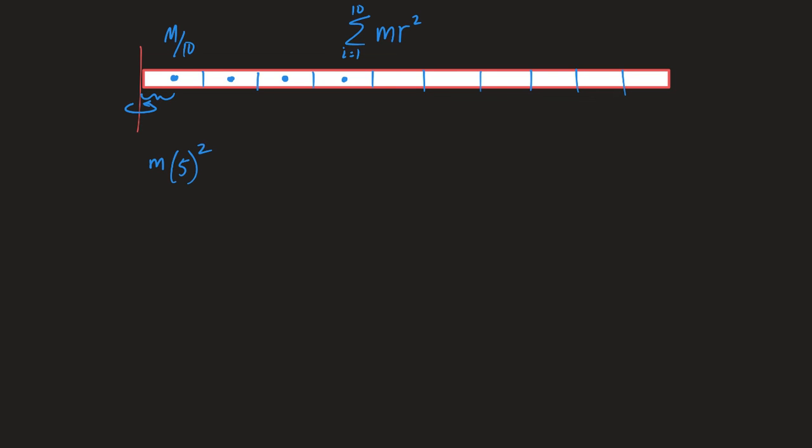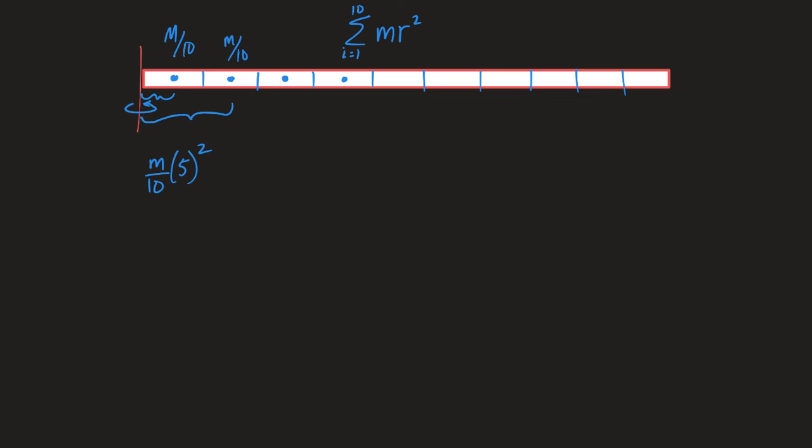I've got 10 of these to do. This is piece number 1. So piece number 2, I'm sorry, it's m over 10. Piece number 2 has mass m over 10. It also has its center at the 5 centimeter mark, but it starts 10 centimeters away.